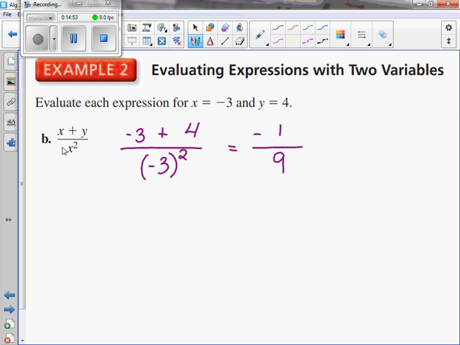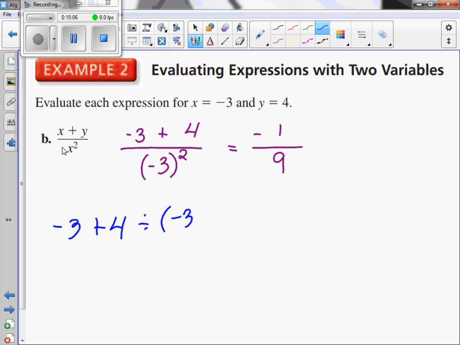Because when you wrote it in there originally, I'll get to that in a second. If you type it in the calculator as this here, the calculator's order of operations is going to simplify this first, then it's going to divide, and then it's going to add, which isn't what we want.